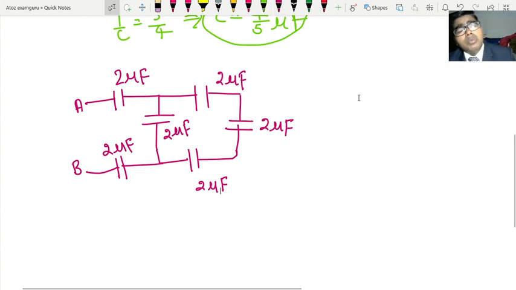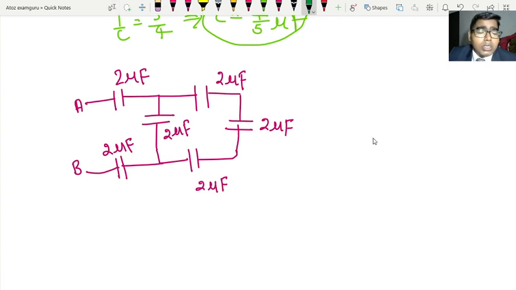Then what will we do? Again we will use the same principle. First of all, we will try to recognize which elements are connected in series and which are connected in parallel. For recognizing this, do it in the same diagram.